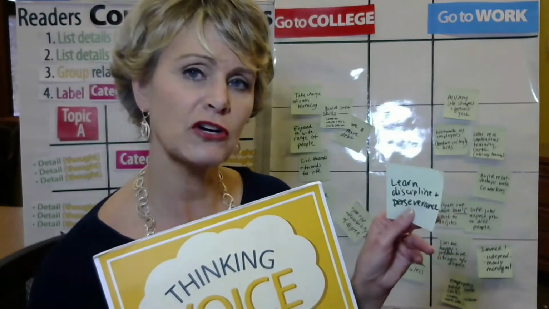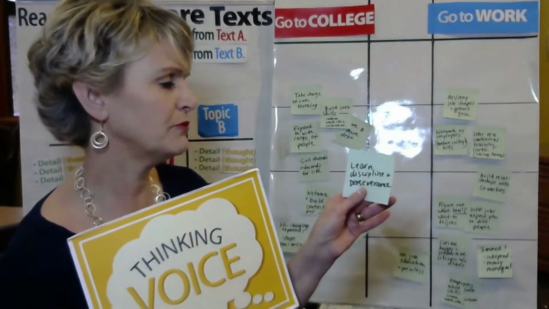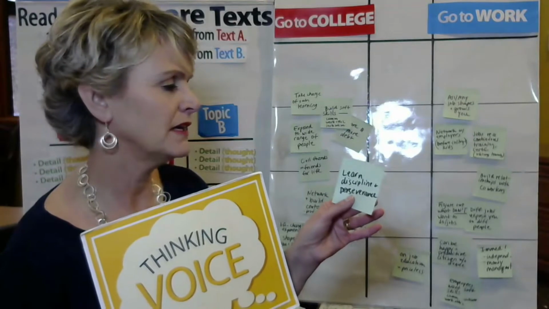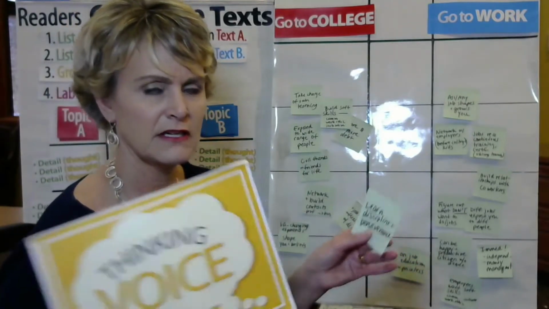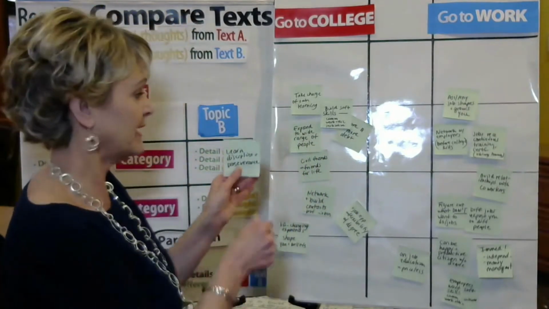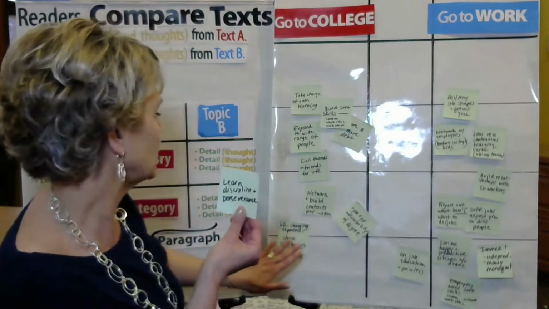So I want to look for any more details on this side only that I could put with this and start to make a group about going to college is where you can grow yourself. I'm not even going to put this down yet. I'm just looking for where I can grow personally.